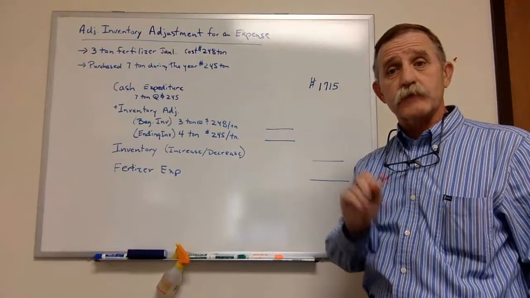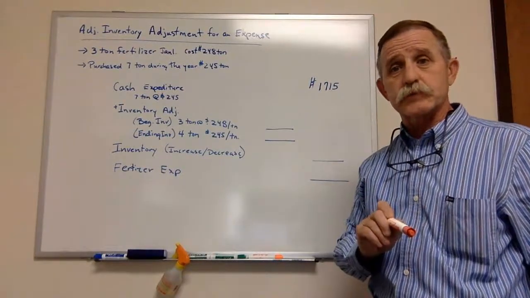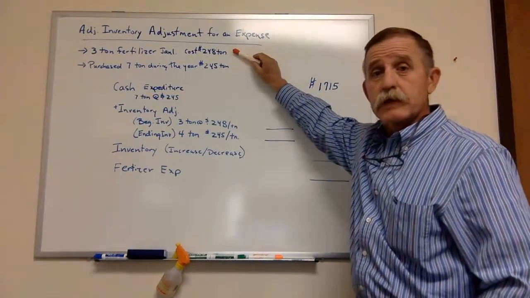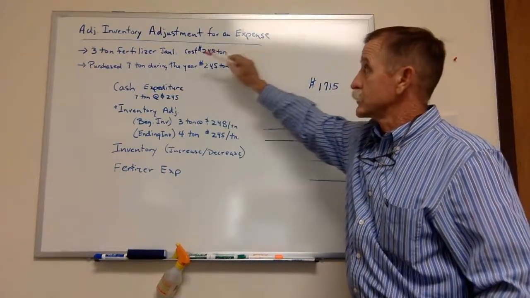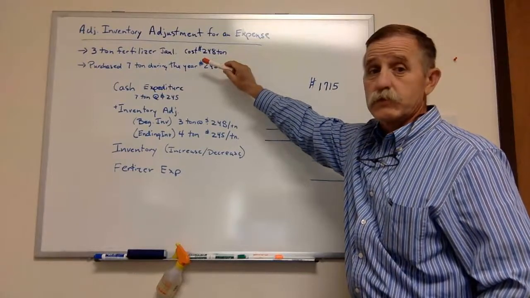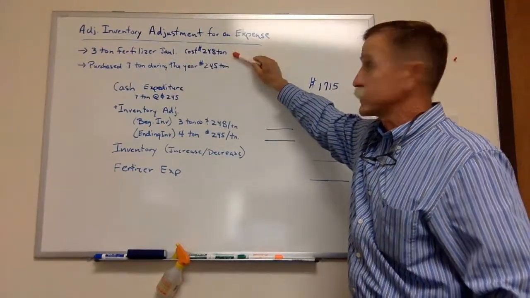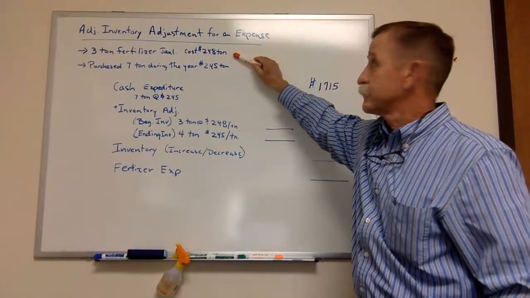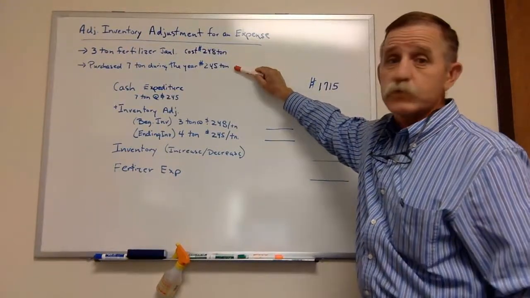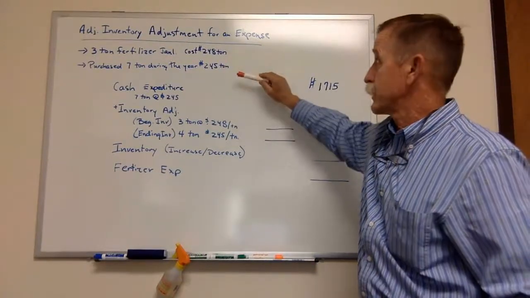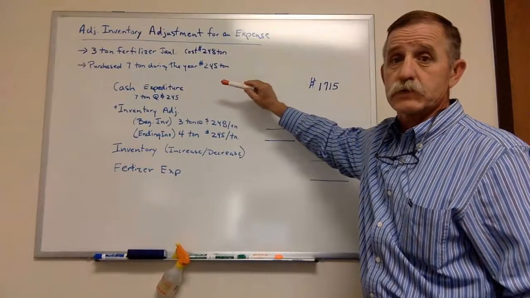But since we want to be really accurate with our profitability and we want to put that adjustment and have it reflected in our income statement, we're going to take the inventory we had at the beginning of the year, which was 3 ton of fertilizer as of January 1st. That was purchased in the prior year. Okay? We purchased it for $248. We also purchased another 7 ton that year, in the year that we're operating, for $245 a ton.